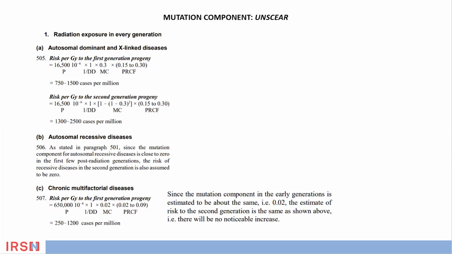And for the second generation, they also calculated, and then we have to add both numbers to get the total. Because they consider 2 generations. Yes. So altogether, we have between 2,000 and 4,000 cases in the first 2 generations. Sorry, I think they have written second generation, so they are just talking about the second generation.